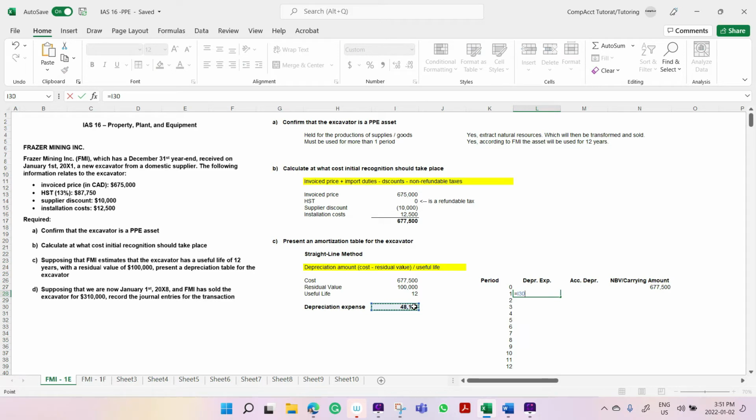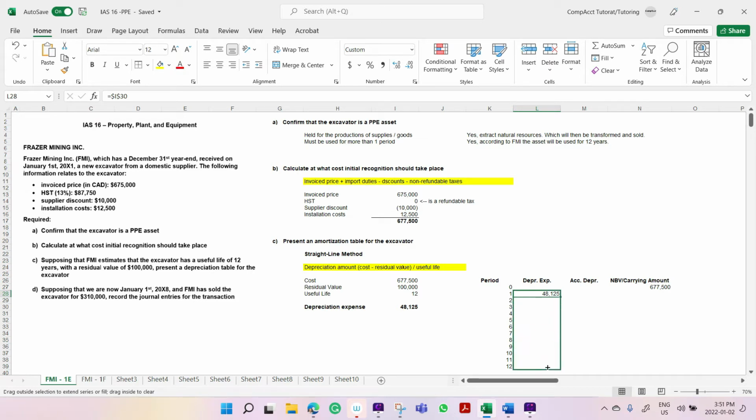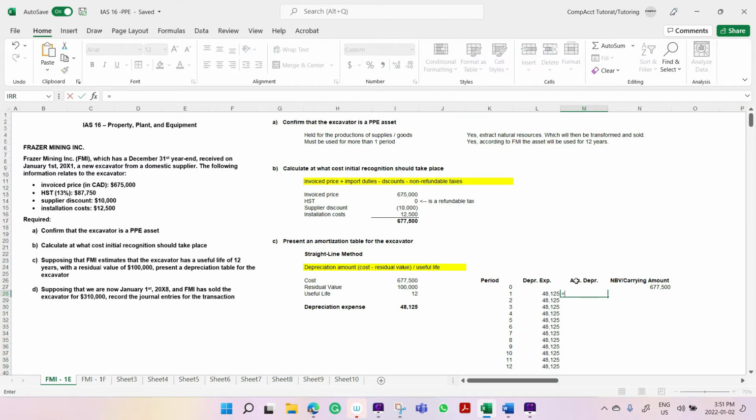It's important to lock both the column and the row, and I can drag that all the way down. I know it doesn't change for the 12 years. Then the accumulated depreciation is going to be a build-up of all the depreciation expense over the years. So always start with the row above plus the depreciation expense for the current year.